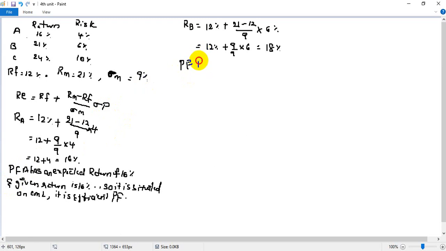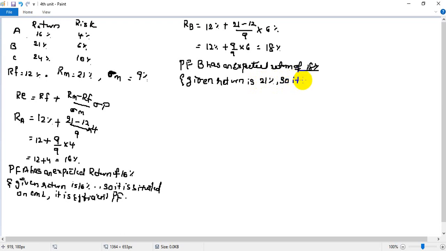Portfolio B has an expected return, we got an expected return of 18%, and given return is 21%.